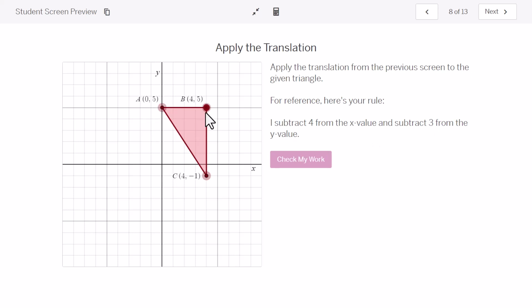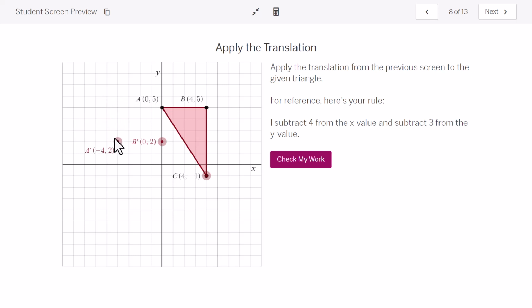I'm going to start with this coordinate. I'm going to subtract 4 from this value. That'll give me 0. And I'm going to subtract 3 from this value. That'll give me 2. 0, 2. I'm going to do the same with this coordinate. Subtract 4 from this and 3 from this. That'll give me -4, 2.